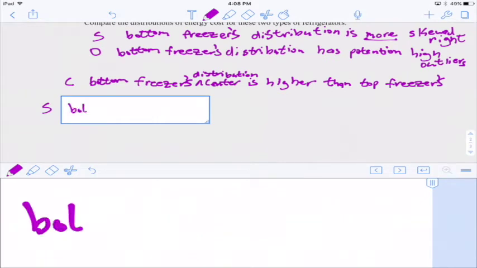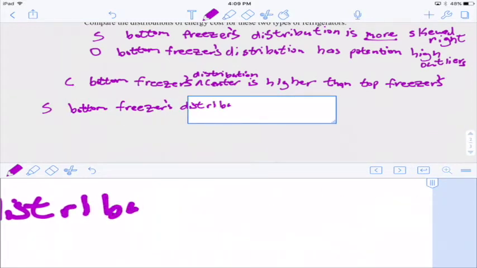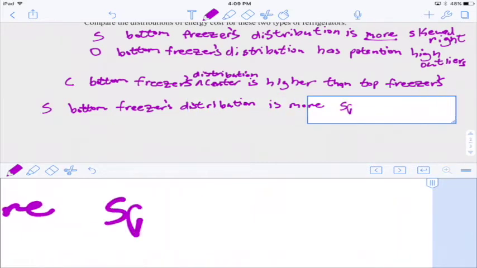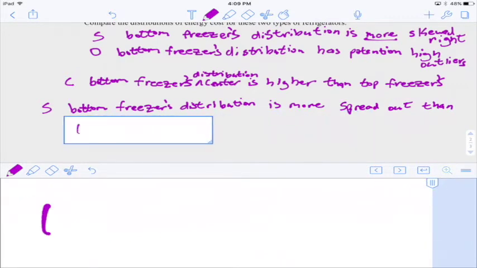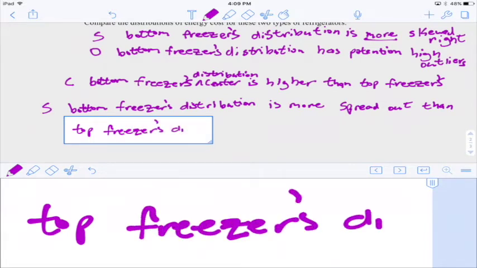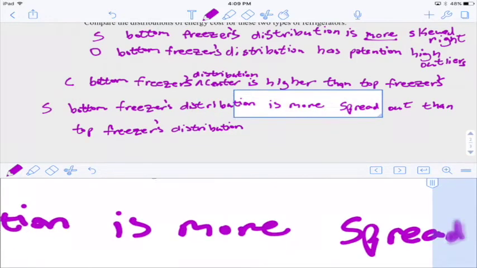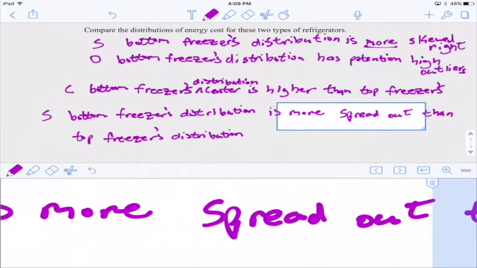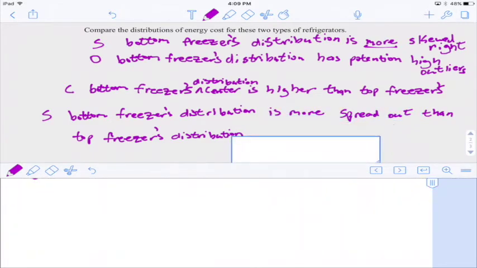So again, the bottom freezer's distribution is more spread out than the top freezer's distribution. Again, that's pretty specific. You could say that the spread is larger instead of more spread out. It's probably better, but this is fine. They should know what you're talking about.